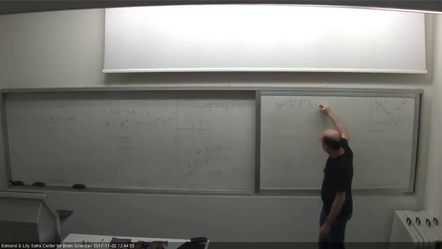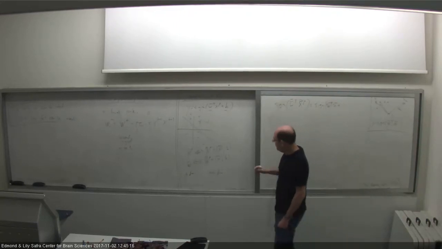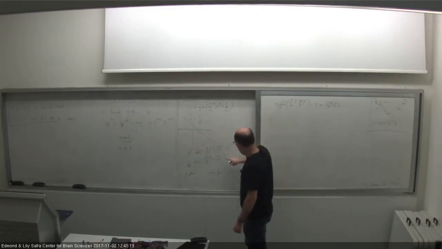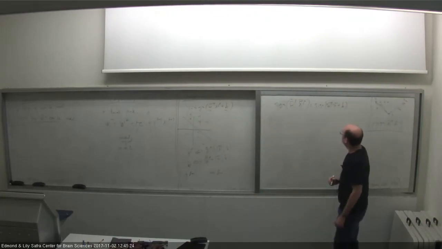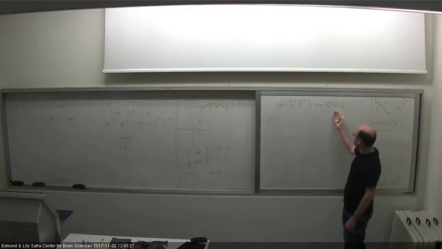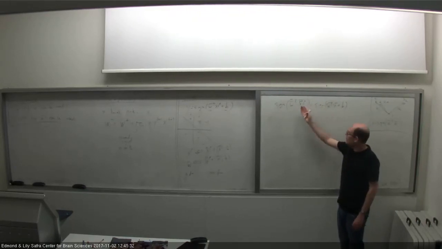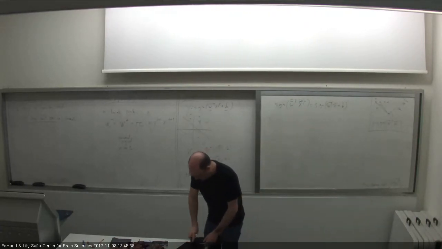It's equal to the sign of W transpose X plus B. Yeah, plus B. So what we've just done is that we mapped the n-dimensional problem with a bias to an n+1 dimensional problem without a bias. And so there is a direct mapping between the two.